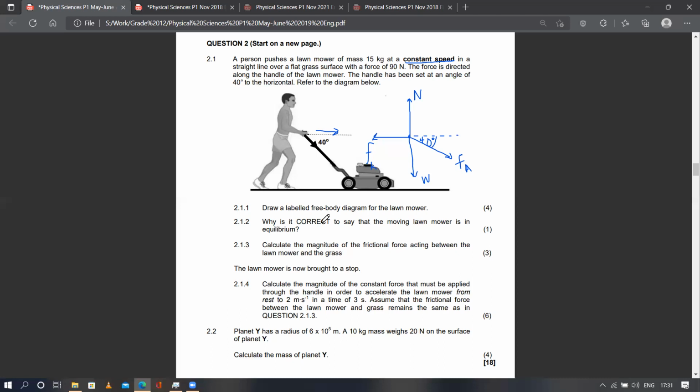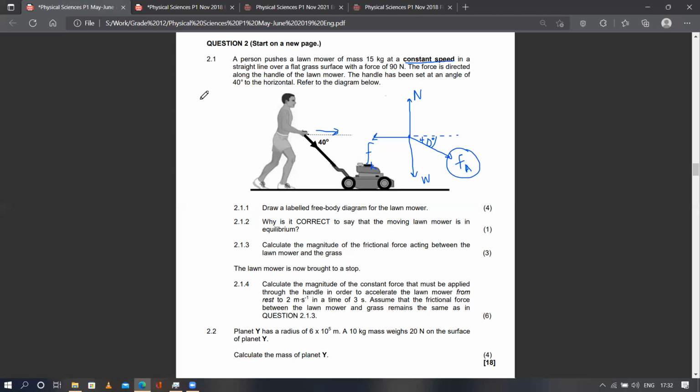Now they want us to calculate the magnitude of the frictional force acting between the lawnmower and the grass. In this case, we're going to use our horizontal forces, so we're going to use our x values for the force applied and our friction.